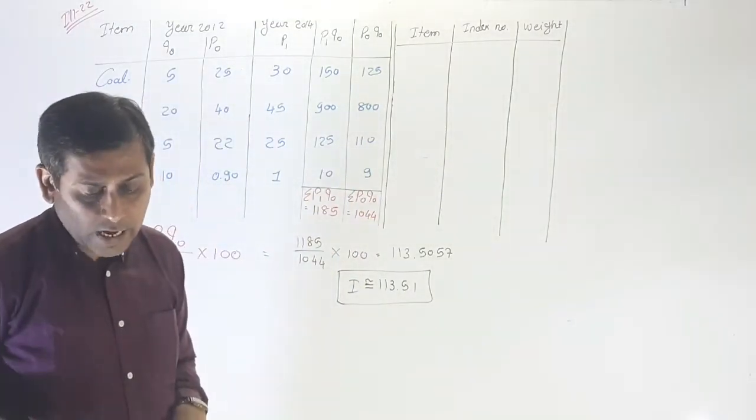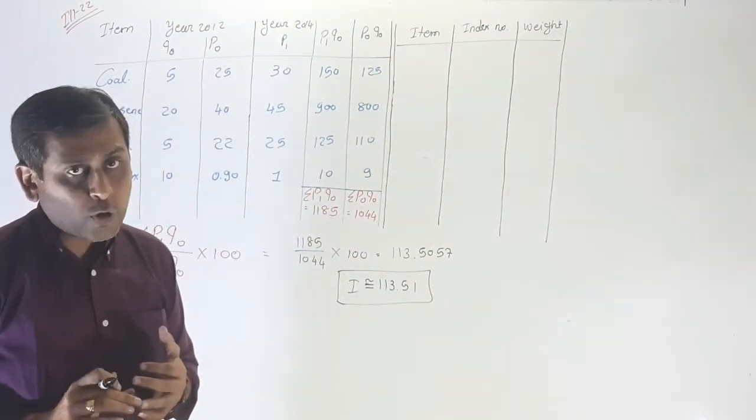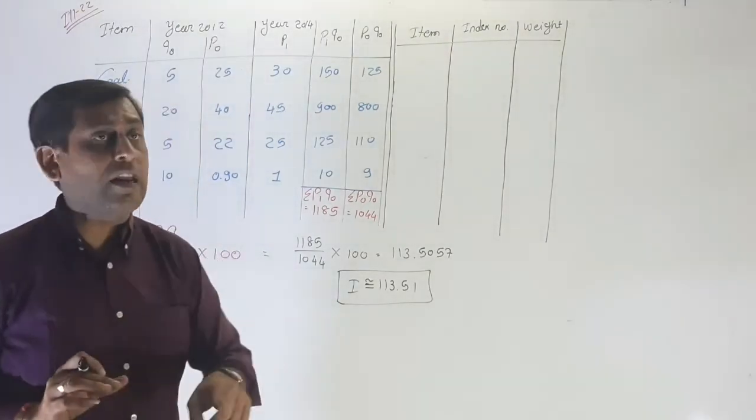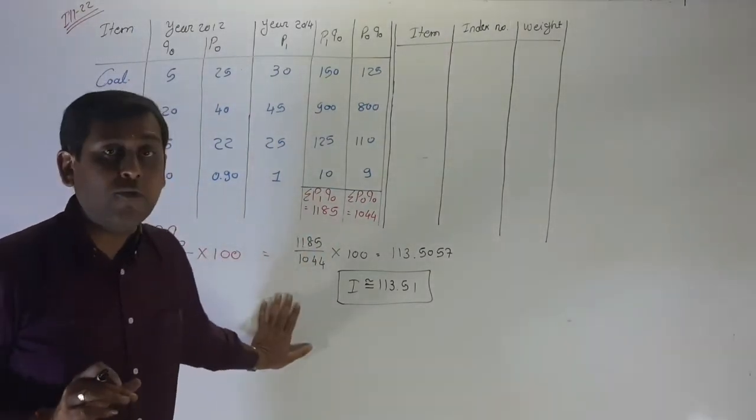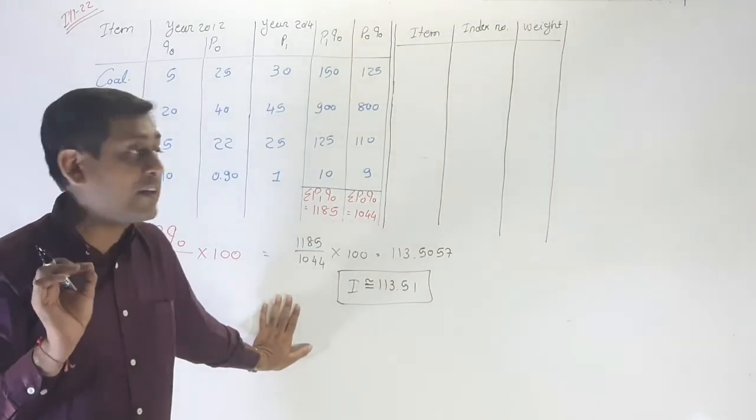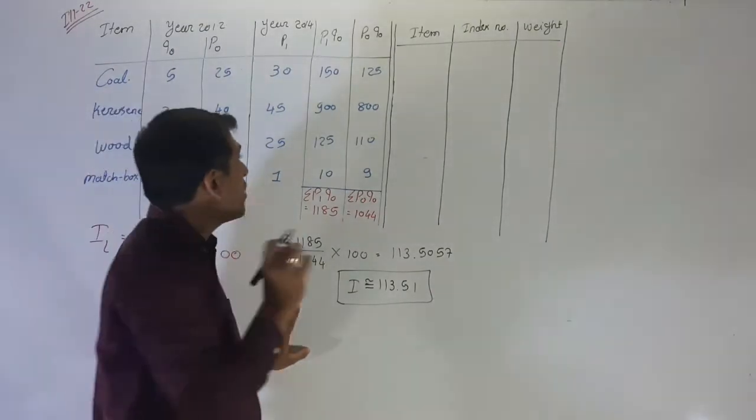See the items are given now: food, clothing, house rent, miscellaneous, and we found out the fuel group index number. That means we have to write that also.